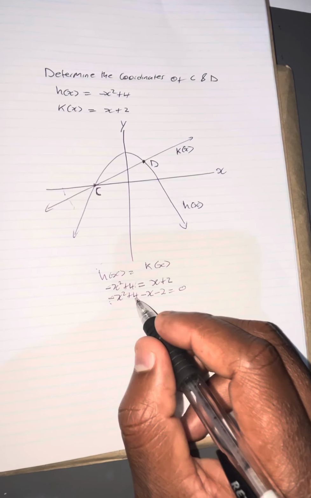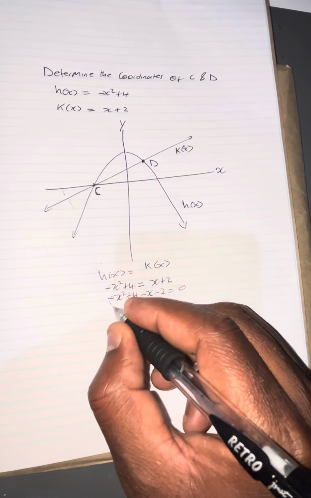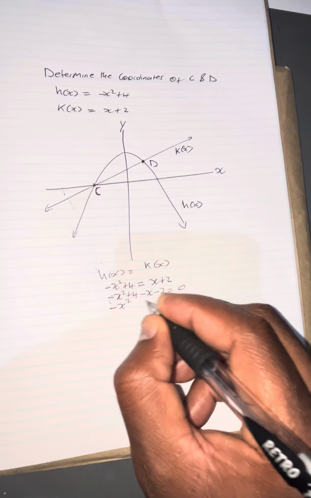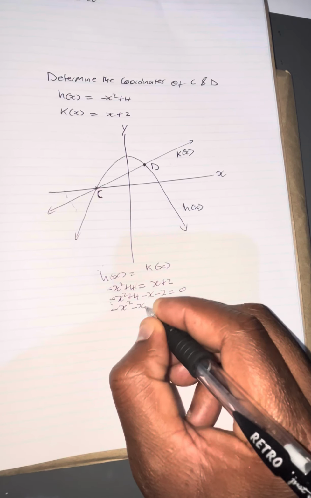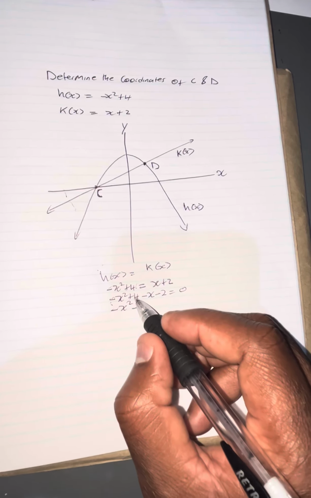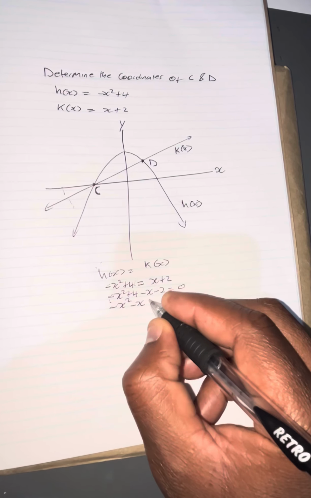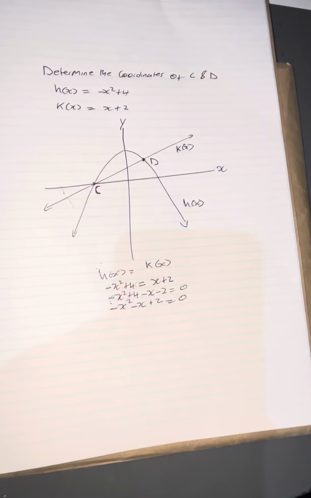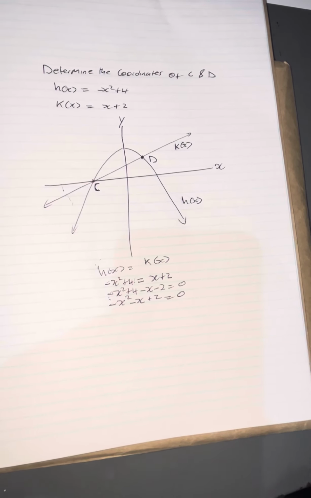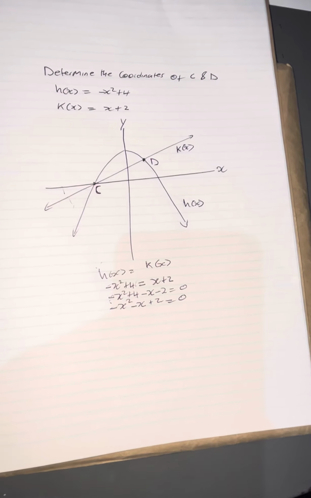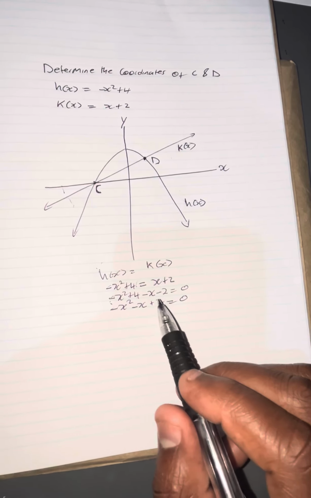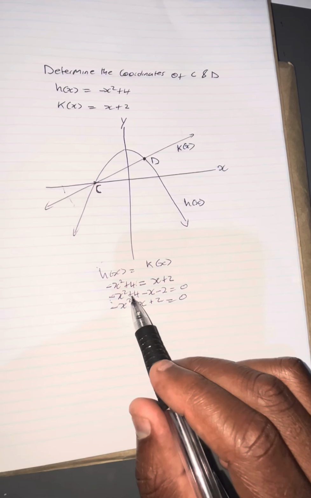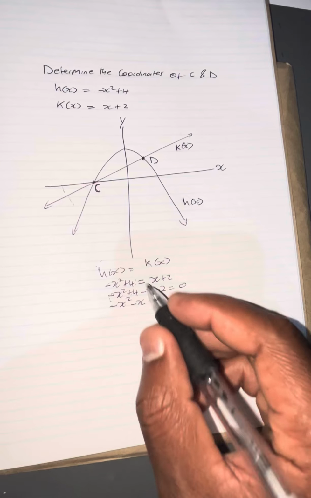Your like terms are 4 and negative 2. So this is negative x squared minus x, and then positive 4 minus 2 is positive 2, which is equal to 0. You subtract the 2 from 4, and then you take the sign of the bigger number, which is 4. Therefore, the sign of this 4 is positive. That's why I wrote positive here.